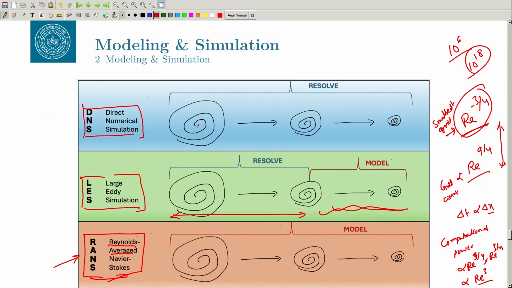So, the DNS is the most expensive, LES is intermediate, and RANS is the least expensive. This is basically the first tool that an industry uses when they want to design, but as you know, we are not completely simulating the eddies, so we are missing some of the physics.